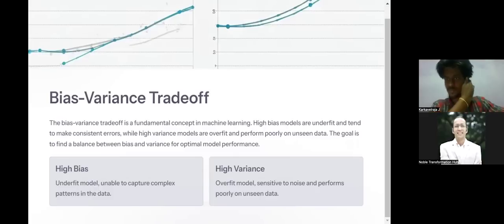And if there is high variance, which is overfit, the model will perform poorly on unseen data, and that is where you want the model to perform. Overfit means it has learned so much that it is not going to learn from unseen data.